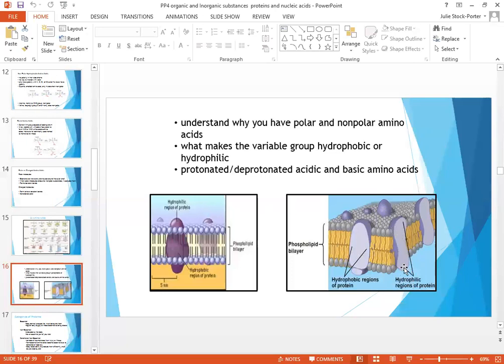And what keeps these proteins in the membrane is the activity of the hydrophobic and hydrophilic regions. The hydrophobic regions, if they happen to slip down into that water, they're going to pop right back in here where they're away from the water. Whereas these hydrophilic regions are going to stay right out here in the water where they're nice and happy.